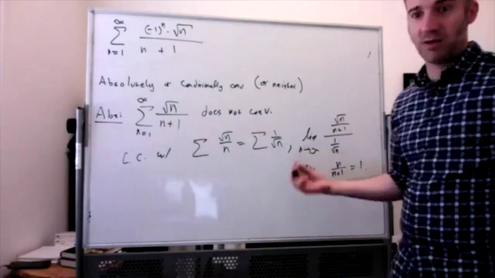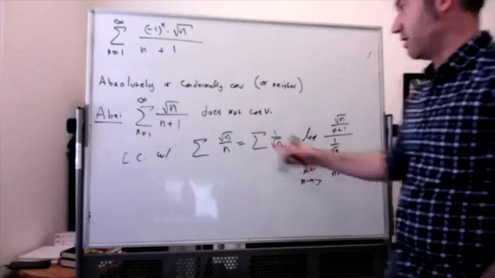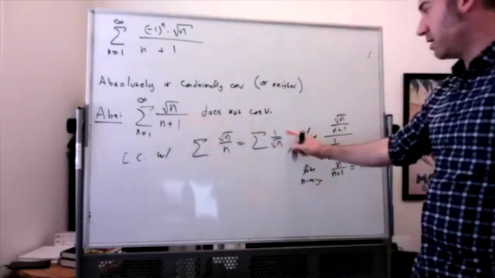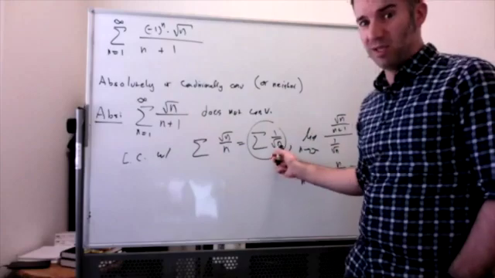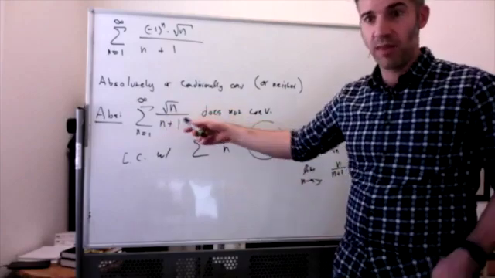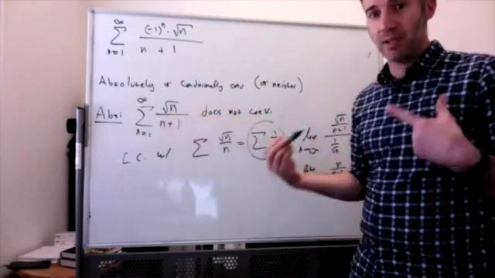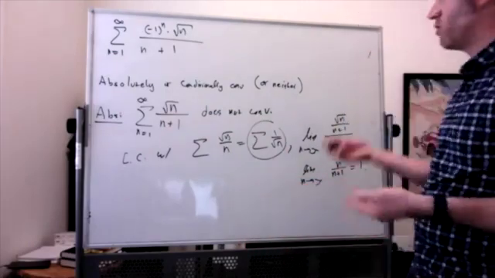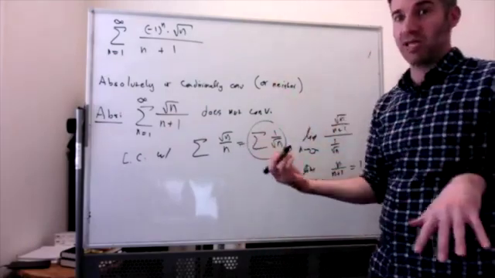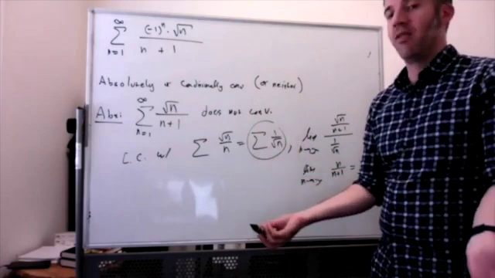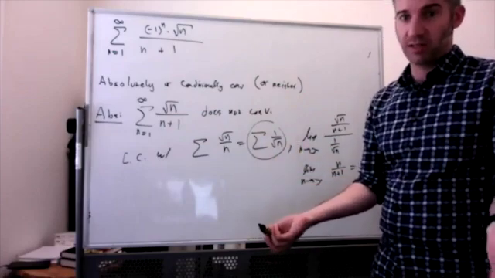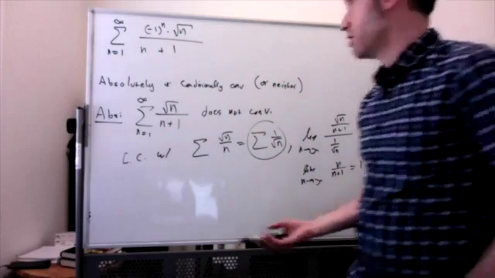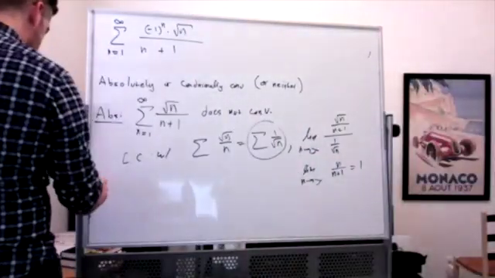The limit is not 0 and not infinity, which means that this and this do the same thing, but this diverges, so this diverges. So it is not absolutely convergent. It could still be conditionally convergent. So if you try to see if something's absolutely convergent and you get the answer that it is not, then you should go to the alternating series test if it's an alternating series. So then I would do the alternating series test.